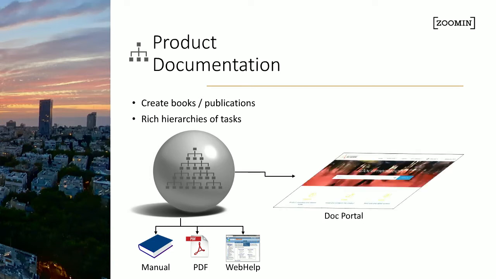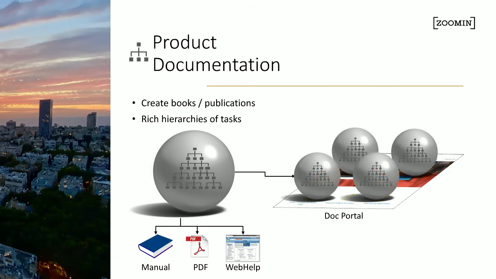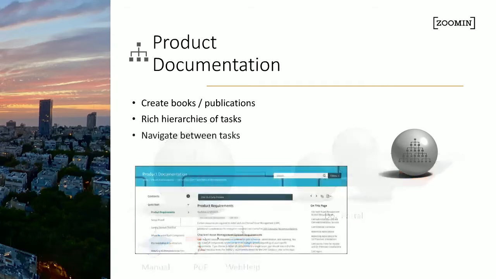If you put it on the web, it usually goes inside a documentation portal. And that documentation portal often houses more than one publication. And then, of course, you have a search box, perhaps a search box for each publication, or if you're lucky, then that search box covers all your publications.